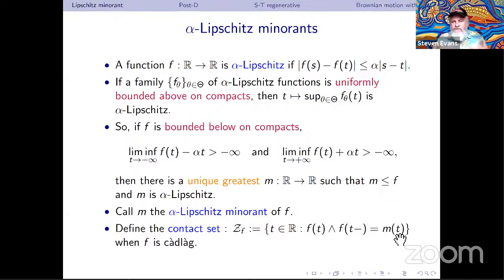So loosely speaking, it's the set of points in time where the graph of the alpha Lipschitz minorant touches the graph of f.